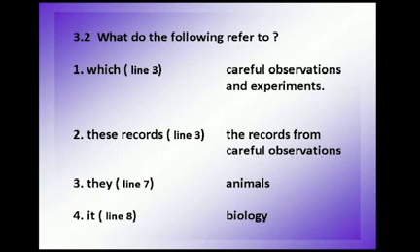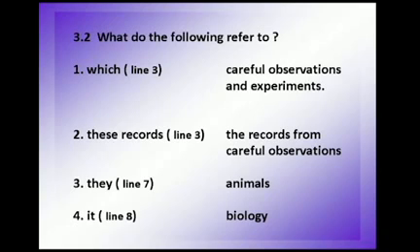Now, we are going to the next activity. What do the following refer to? In this exercise, you have to find the words to which the pronouns or the relative pronouns refer. In 3.1, in line 3, you will have to find what the pronoun "which" refers to. To get the answer for this question, you will have to find it in the text.